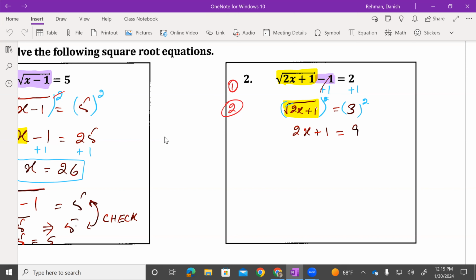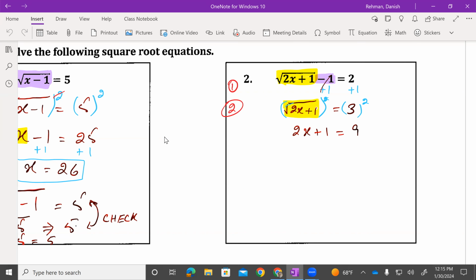Now, we need to solve it for x. What should I do? First step, to separate the x. What should I do to separate the x? Subtract what?